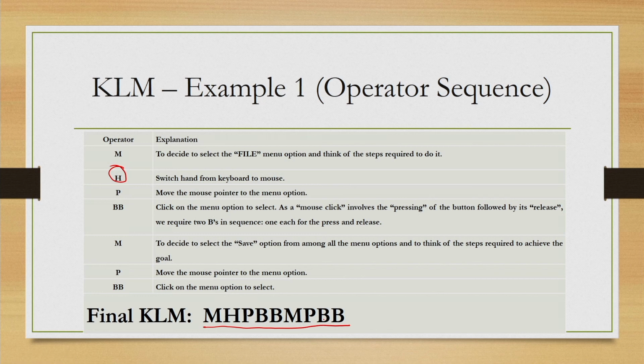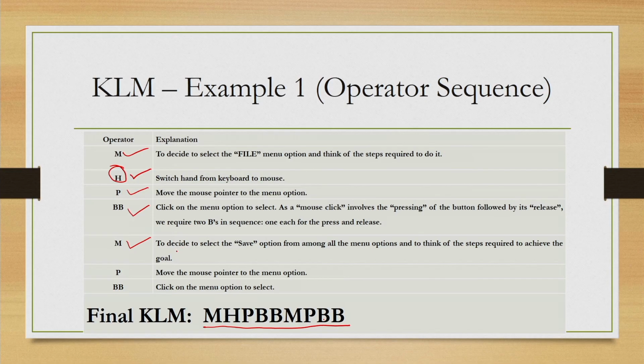Otherwise, if we are typing and then we are asked to save, then probably we need a switch, so H is required. So, first we decide to select the file menu option, so that requires one M. This is followed by switching from keyboard to mouse, this is one H. This will be followed by moving the mouse pointer to the file menu option, that is P, followed by a click operation which involves two B operators to select the file option. This will be followed by an M.